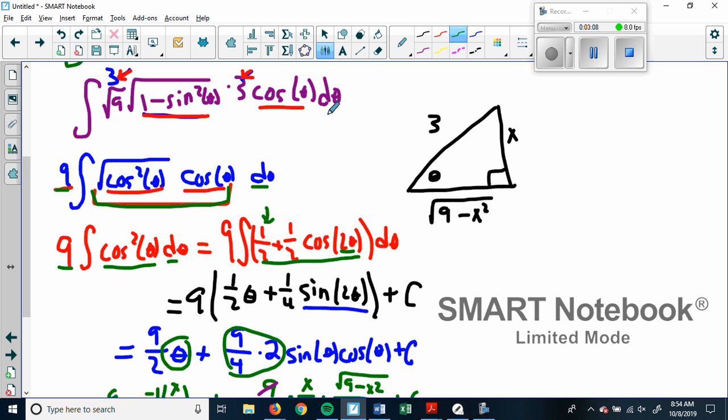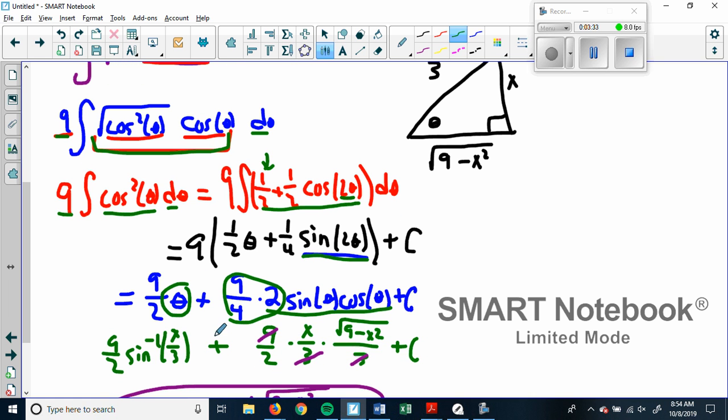So we get 9 halves theta plus 9/4 times, now I'm going to change this sine of 2 theta into 2 sine of theta cosine theta. I probably shouldn't have made all these marks ahead of time, but I did as I worked it out because I was talking in my head. Right? And so then, 9/4 times 2 is 9/2.